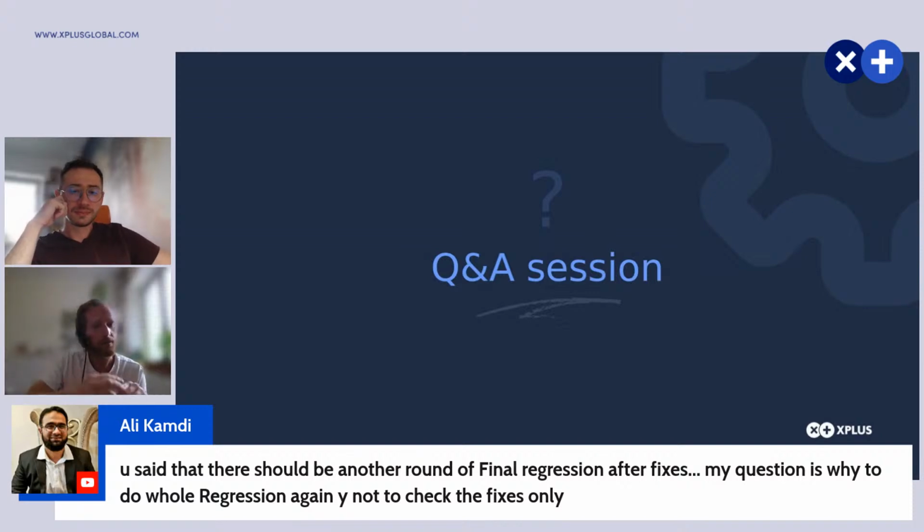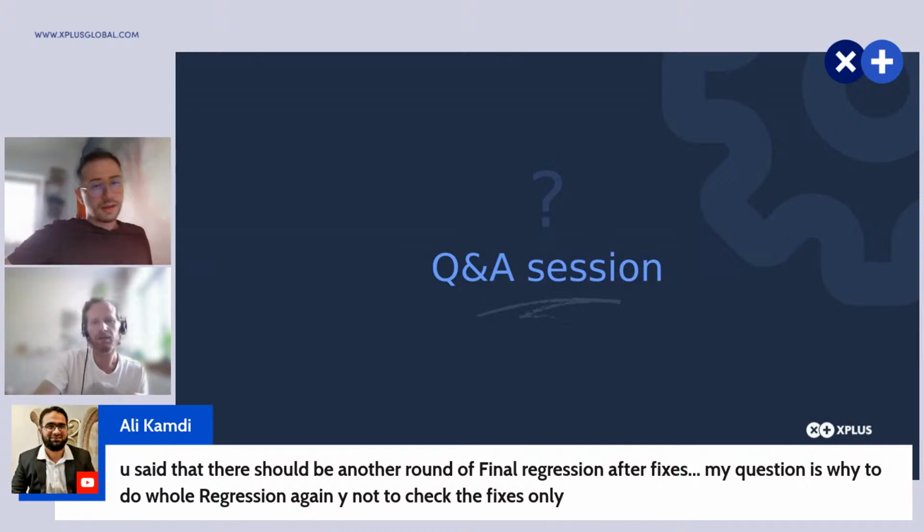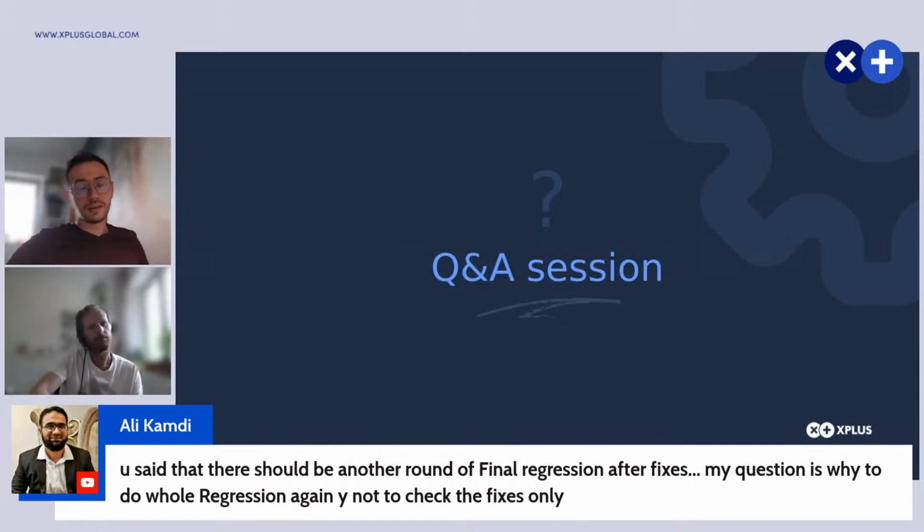So, Camille, you'd mentioned that there should be another round of final regression after fixes. So, why do a whole regression again? Why not check the fixes only? So, maybe elaborate a little bit on that. Yeah, sure. So actually, we need to do system testing that will cover all the key processes just to make sure that they all are working. If we just do the retests after the defects are fixed, it might give us not really reliable results.